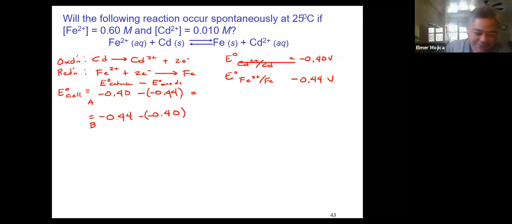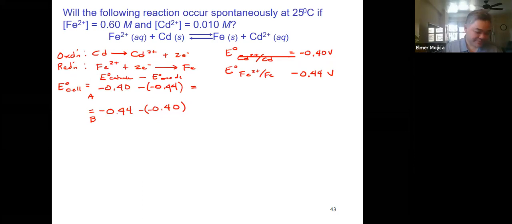So what could it be? The answer should be B. Did you get why it's B? It's 0.44 minus 0.40.